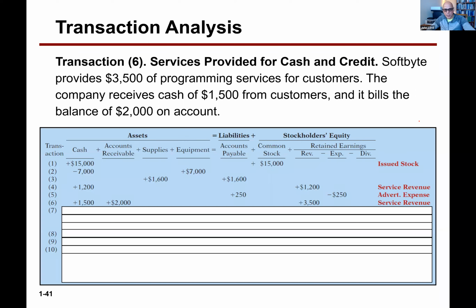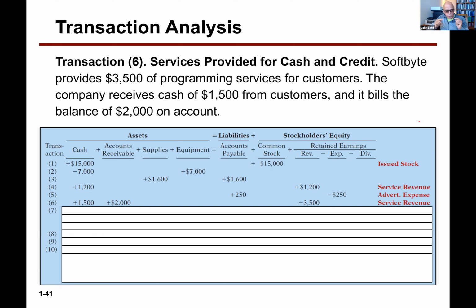The equation stays in balance because my assets came up 3,500, my revenue came up 3,500. When my revenue comes up 3,500, my net income goes up 3,500. When my net income goes up 3,500, my retained earnings will ultimately go up 3,500, and the equation will stay in balance.